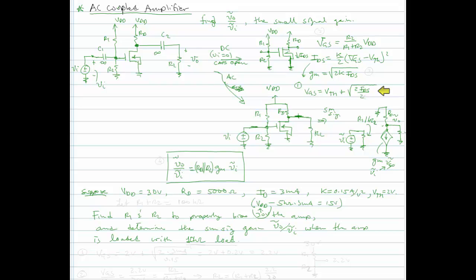VGS is equal to the threshold voltage, which is 2 volts, plus the square root of 2 times 3 milliamps divided by K. Sorry, divided by K. And K is 0.15 amps per volt squared.